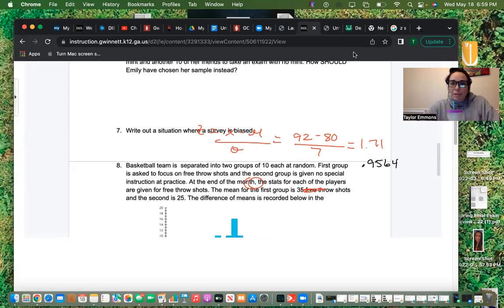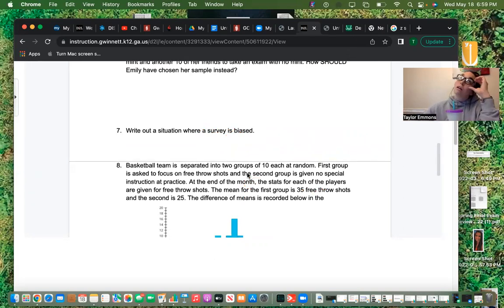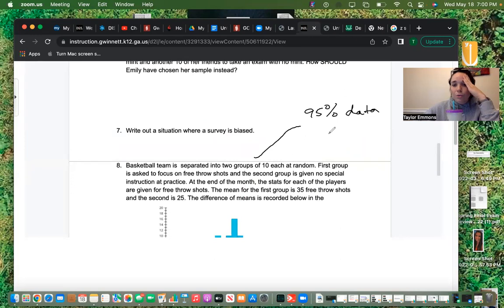It'll ask something like, what range is 95% of the data? And let's say you had 70 as a mean and 5 as the standard deviation.